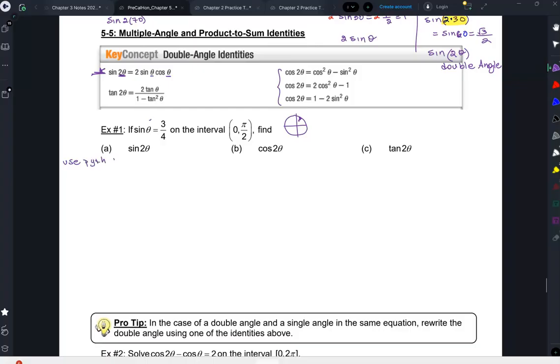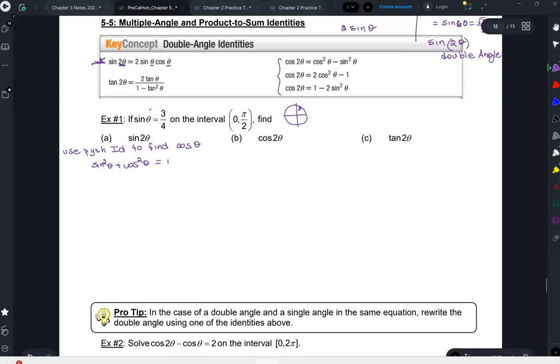So use a Pythagorean identity to find cosine theta. Here we go. Sine squared theta plus cosine squared theta is equal to 1. We're experts now on this because we took the quiz. Sine squared theta is 3 over 4 squared, 9 over 16, plus cosine squared theta is 1.